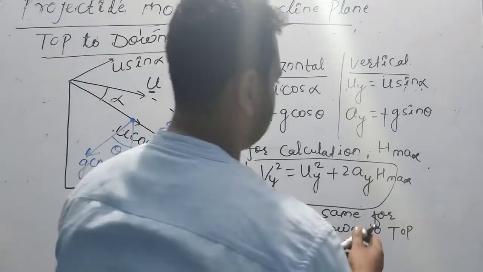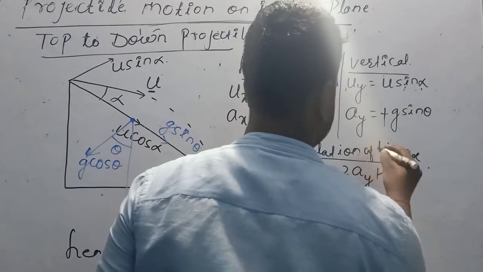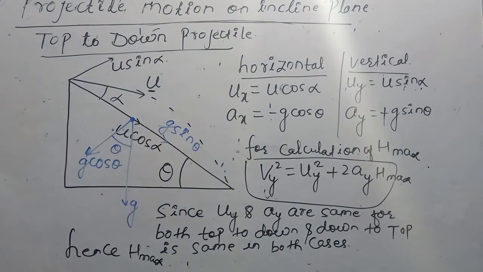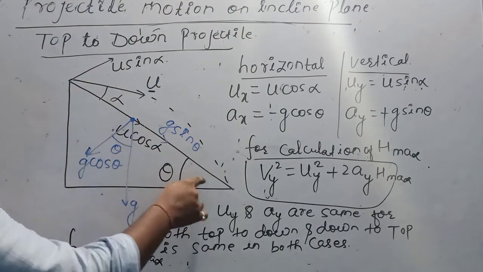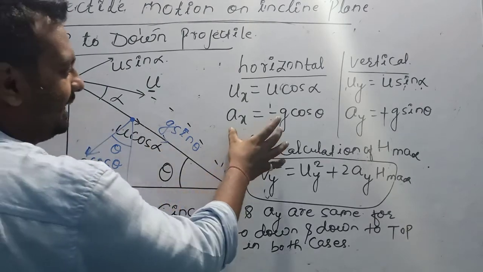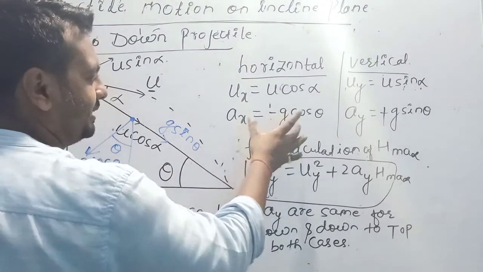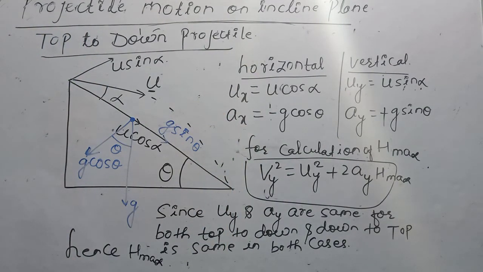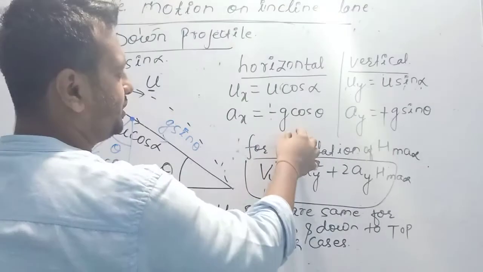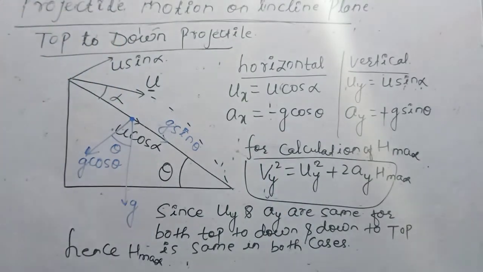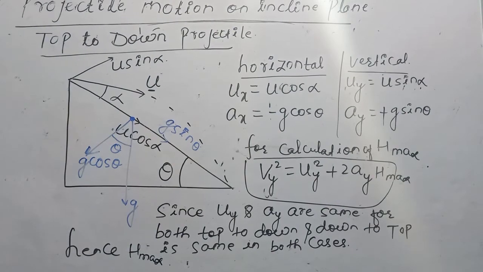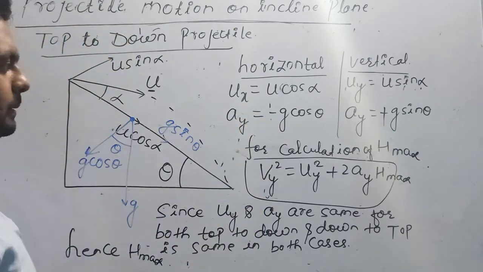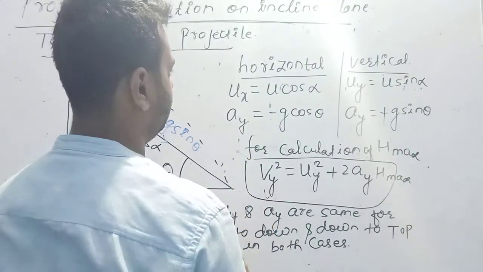For calculation of h max, this formula we had used. Now range will differ because in range we have to calculate this horizontal distance and acceleration due to gravity in x direction. There we were getting minus g cos theta, sorry, this is y component now.